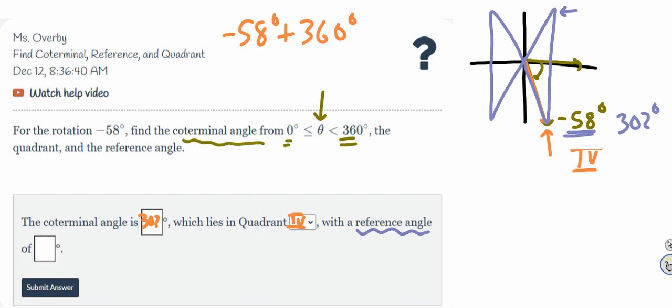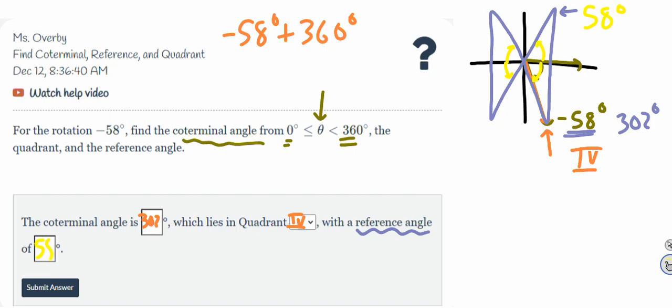Each one of these angles is, well, let's look at this terminal angle. This angle is 58 degrees away from the x-axis. This angle is also 58 degrees away, right? Same thing with that, 58 degrees. Well, guess what? Our reference angle then is also 58 degrees away from the x-axis. So our reference angle, hopefully you can see the yellow, is 58 degrees.